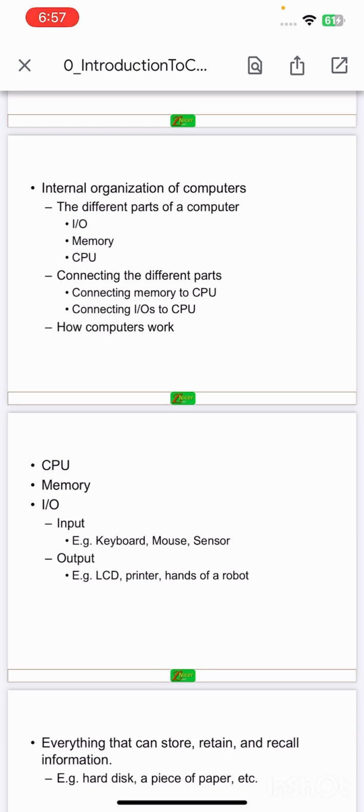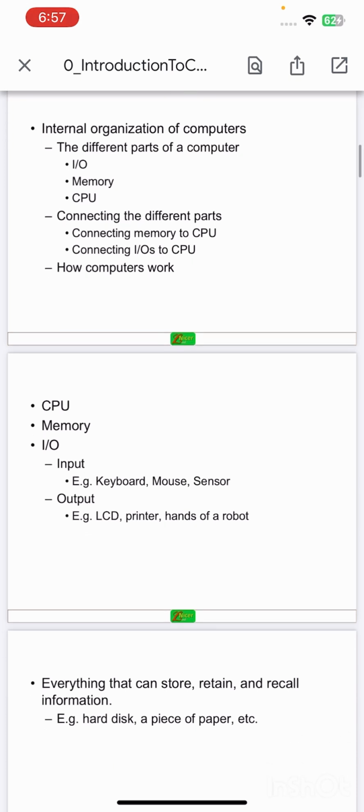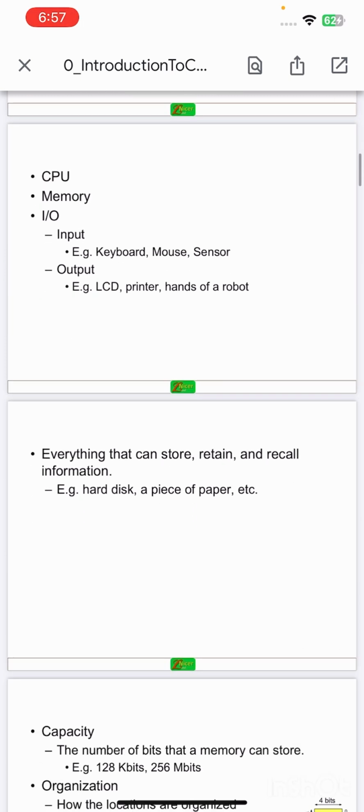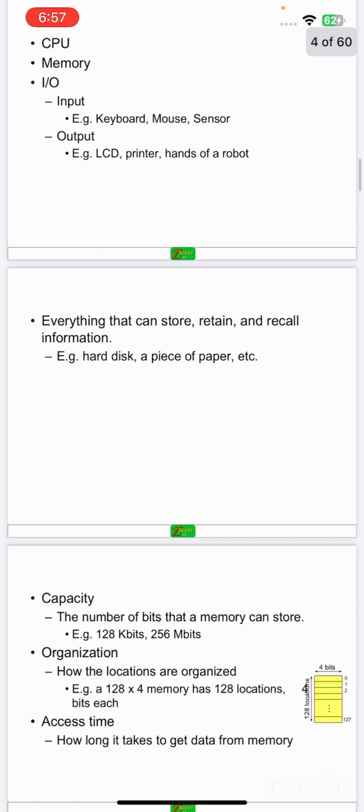And output is something the computer gives to us as a result of the input. So output includes LCD, printers, and hands of robots. These are the outputs that the computer gives to us.